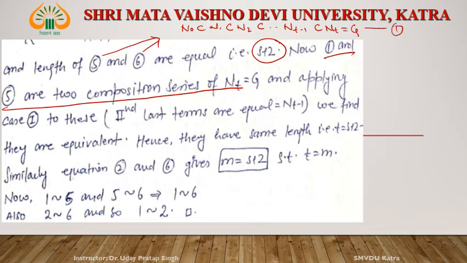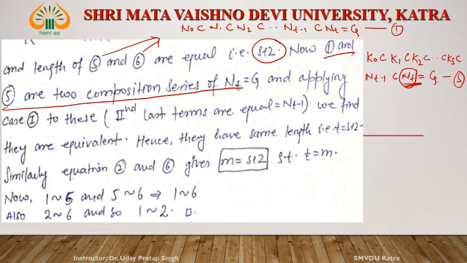And what is 5? 5 is K0, K1, K2, Ks, subgroup of Nt-1, Nt is equal to G. Okay, this is 5. Now see 1 and 5. 1 and 5 are two composition series of Nt.